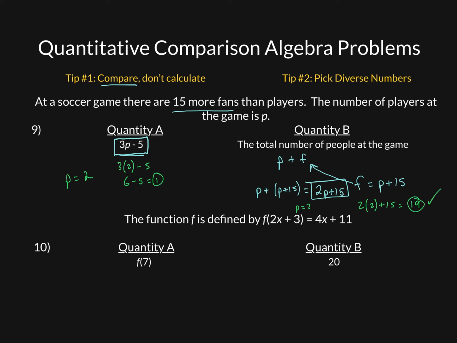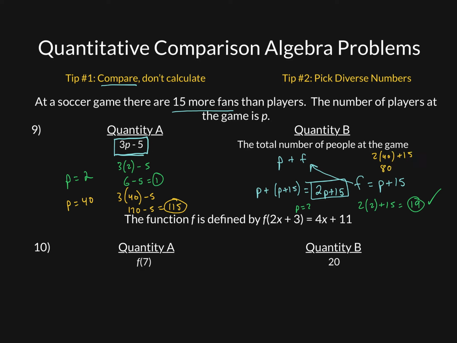But now let's go ahead and plug in another value, like, let's say 40 players, right? Let's say we had a bigger team, bigger game, some subs, some reserves, a coach maybe. So if we have 40 players, it's going to be 3 times 40 minus 5. That's going to be 120 minus 5, which is 115 for quantity A. And for quantity B, we would simply have 2P plus 15, which would be 2 times 40 plus 15.